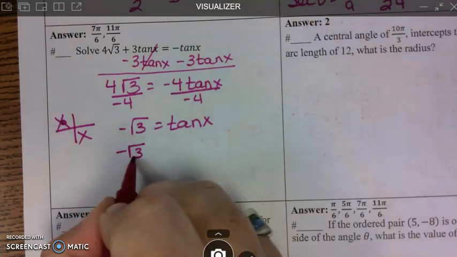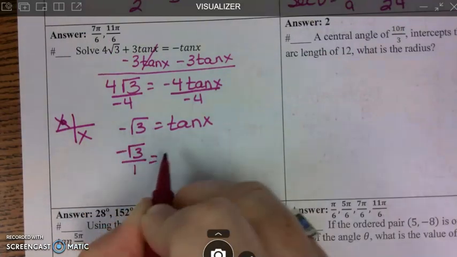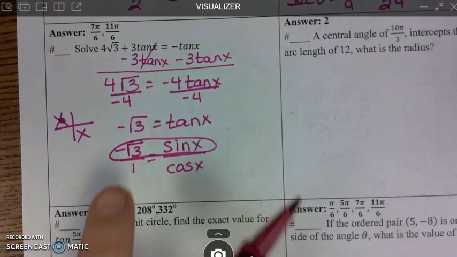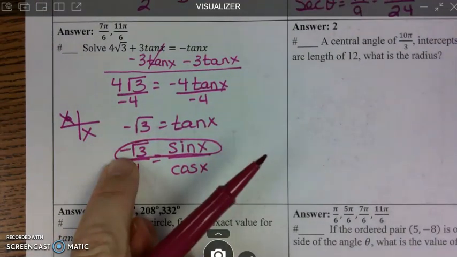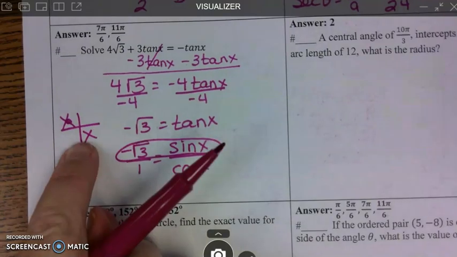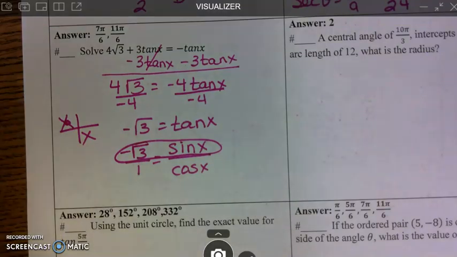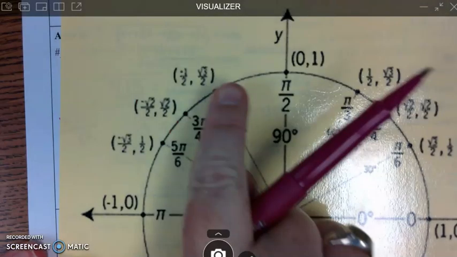Now, negative square root of 3 over 1, and tangent is just sine over cosine. What we want to do is just pay attention to the value here. I really don't care if this is negative or not, because we already took care of our negative. So in quadrant 2, when does sine over cosine have a square root of 3? You just have to be careful.